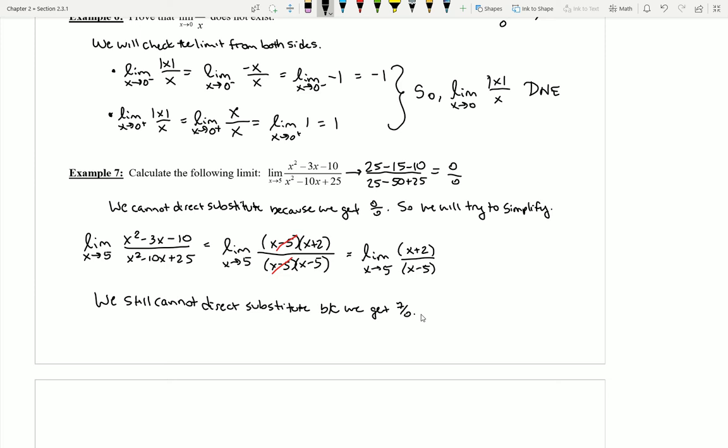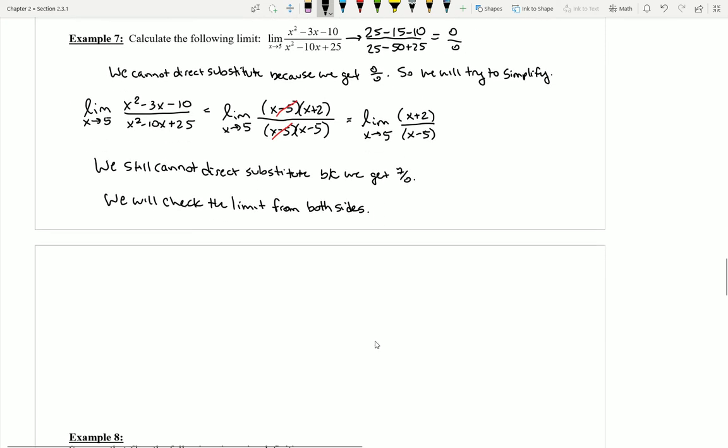And that's not okay. So remember, if I get something like this, a number over 0, what I'm going to do is check the limit from both sides.